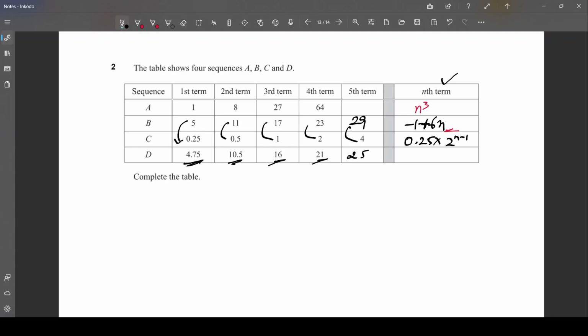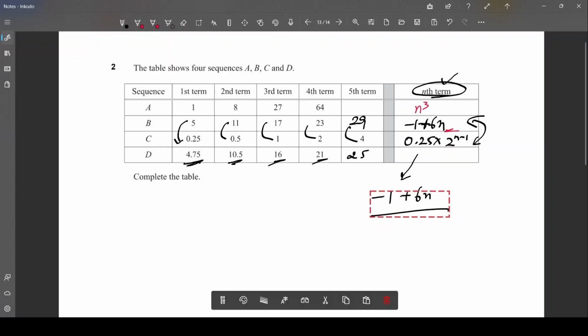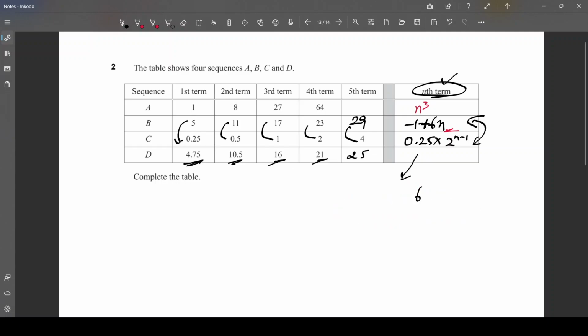So how can we find the nth term? The nth term is very simple. I can write minus 1 plus 6n for this one, and we subtract, it's not division. We are subtracting b minus c.